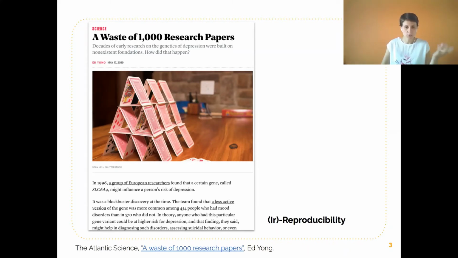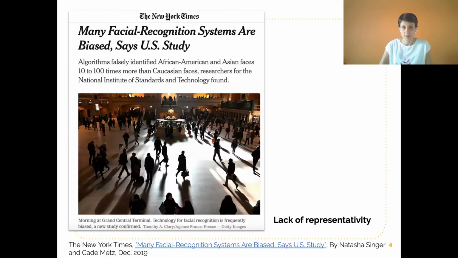But beyond small or big data sets, there are other aspects that we need to be very careful about. Here's another example from the New York Times, reporting on a study that looked into facial recognition systems and identified that these systems made a lot of errors when trying to recognize women or people of color.